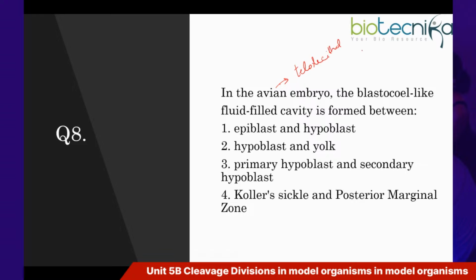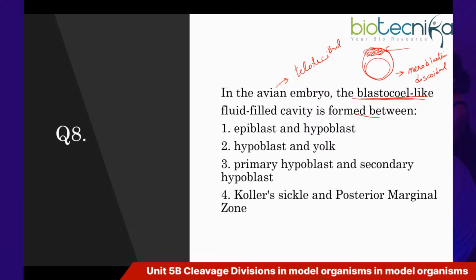Telolecithal means where you have mostly yolk and only on top portion you have some division going on. So here itself some layers are forming. So they are asking where blastocyst is formed in that embryo. So telolecithal egg undergoes meroblastic cleavage, which means incomplete cleavage. And because it looks like a disc from the top, it is called meroblastic discoidal cleavage.